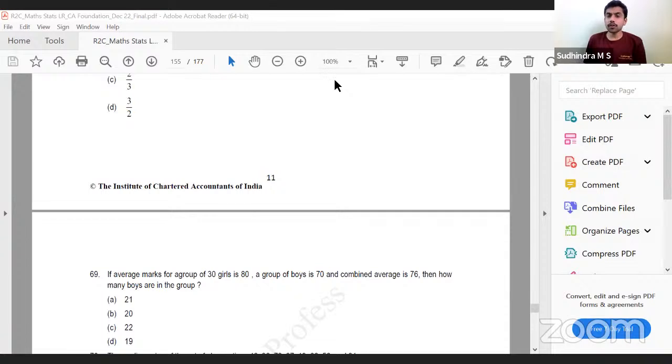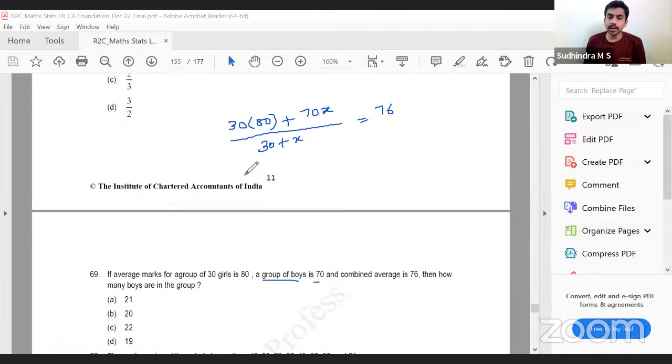Average marks of 30 girls is 80. So 30 into 80 plus average of boys is 70, but we do not know number of boys. So 70 into x, divided by 30 plus x is 76.